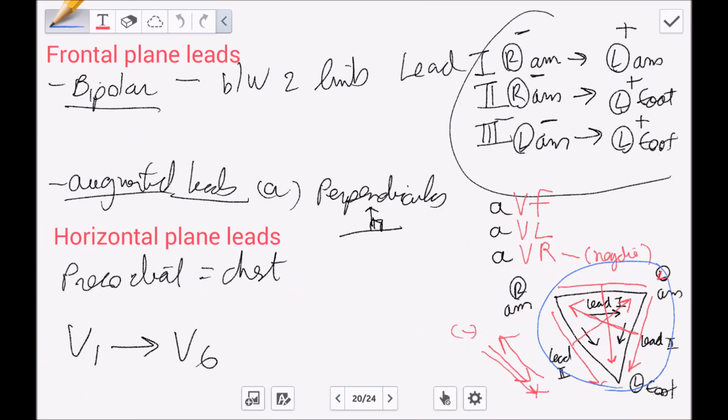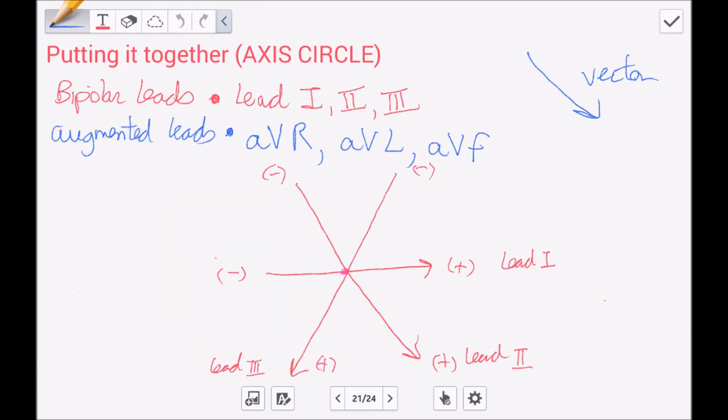Look at the part I circled: lead 3 is coming down from the left arm to the left foot. Then something perpendicular to that, you see the arrow pointing towards here. So that's perpendicular to this. Correct? Good. Now we can plot that. So lead 3's perpendicular will be like this.